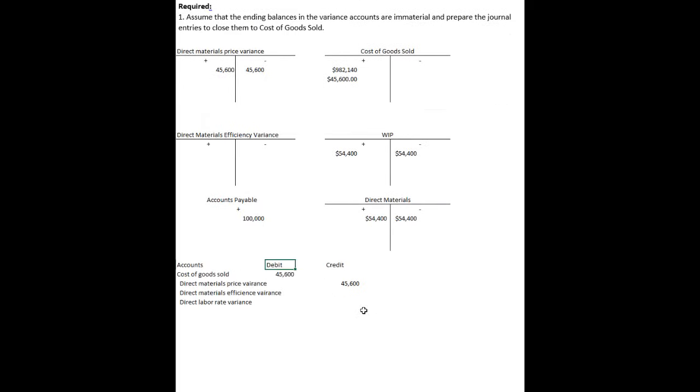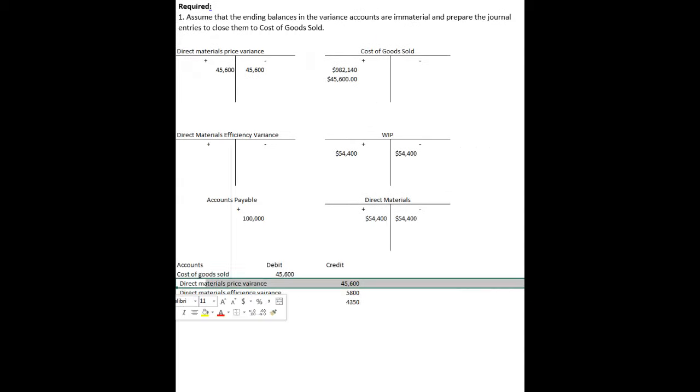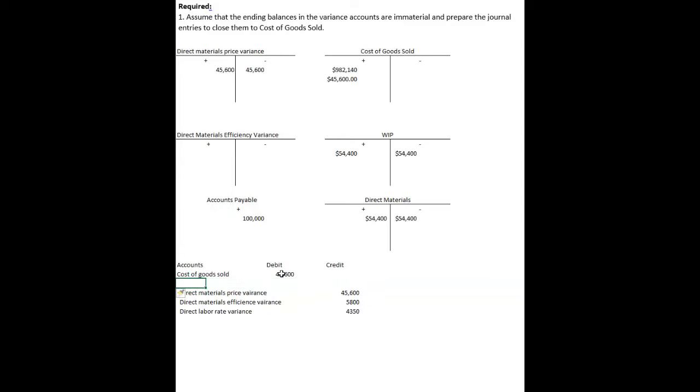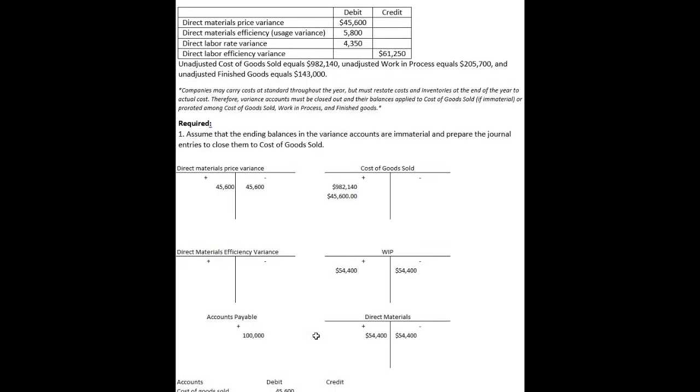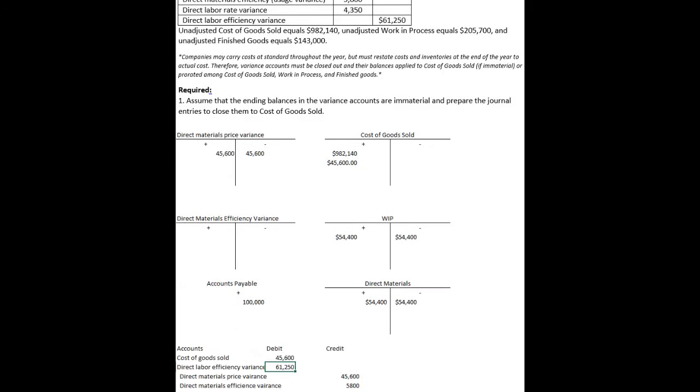We would put a $5,800 credit in here. We would put a $4,350 here. And actually, if we do this in one big compound entry, we are actually going to debit the direct labor efficiency variance for $61,250 to close that one out.